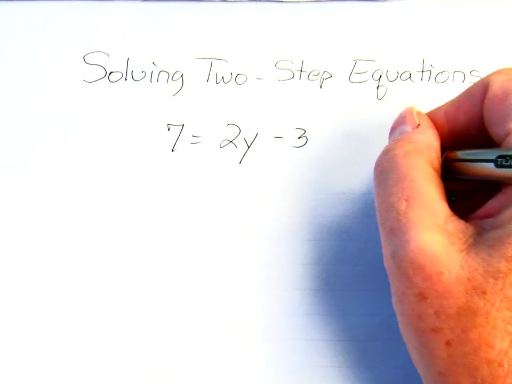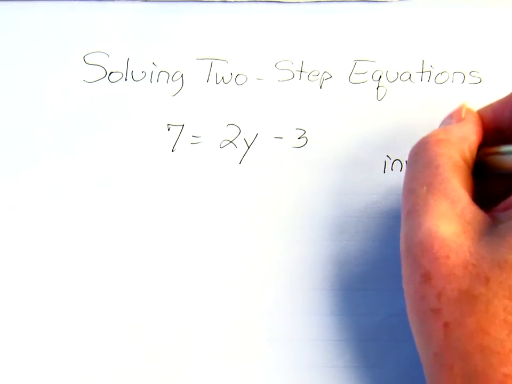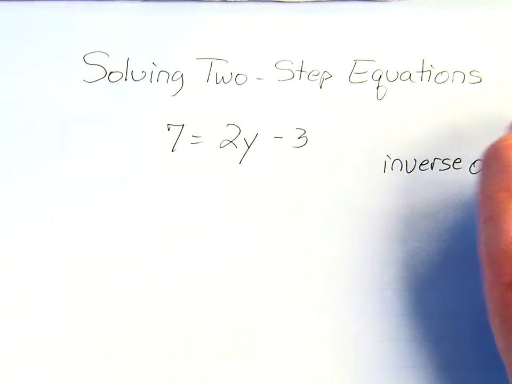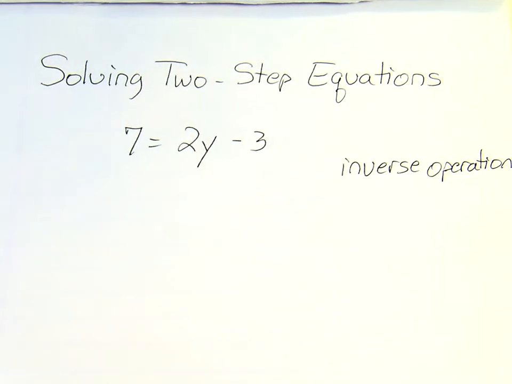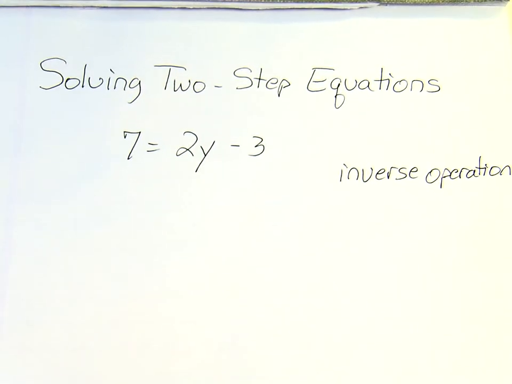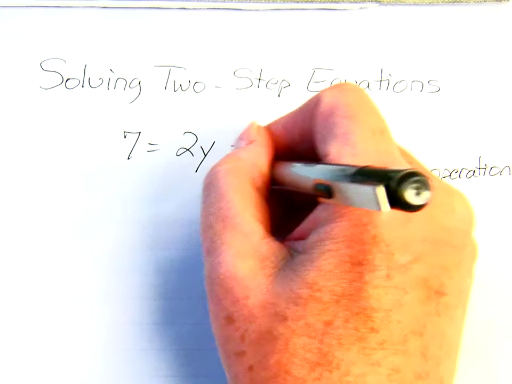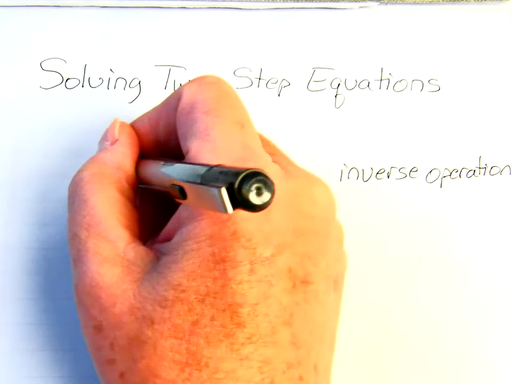Don't forget that we're going to use our inverse operation, which means I'm going to add 3 to both sides.